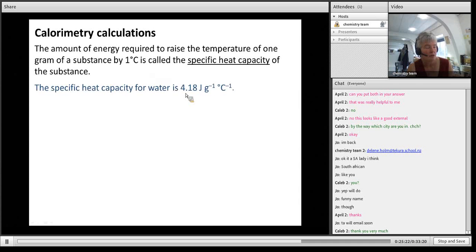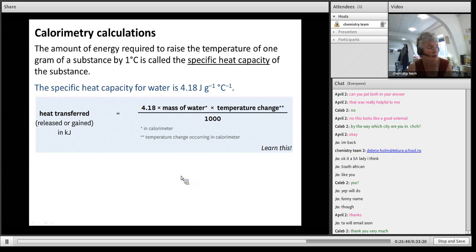And 4.18 is for pure water, and they tend to use it as well for any solution. They'll always give you the units, and use the units to help you work out, if you've forgotten the formula, do I multiply by temperature, do I divide by temperature, and so on. And we'll get some examples of that.